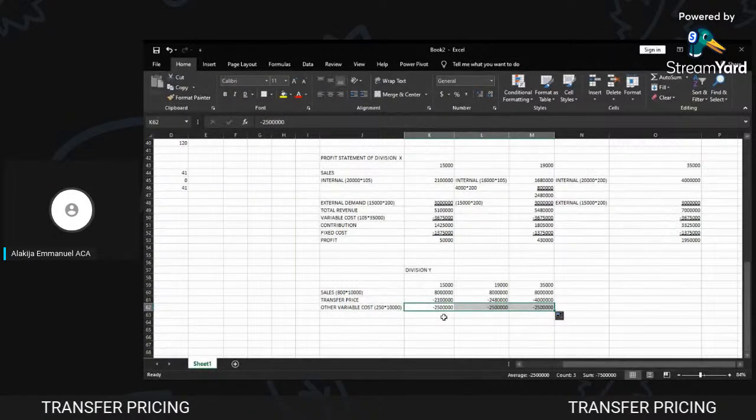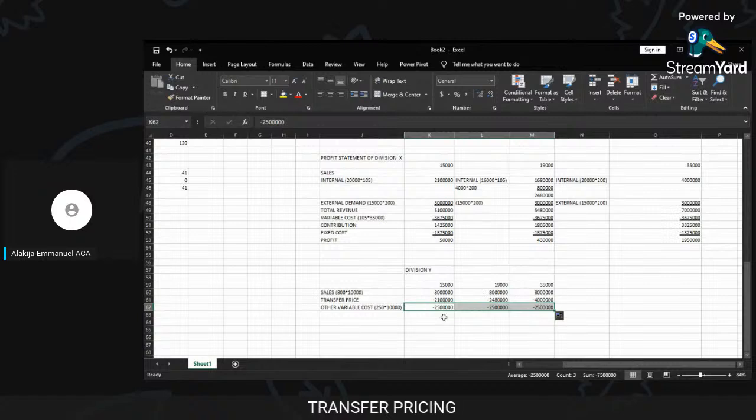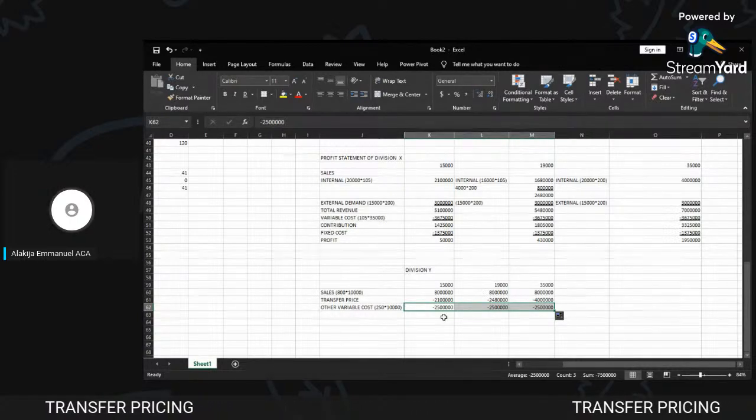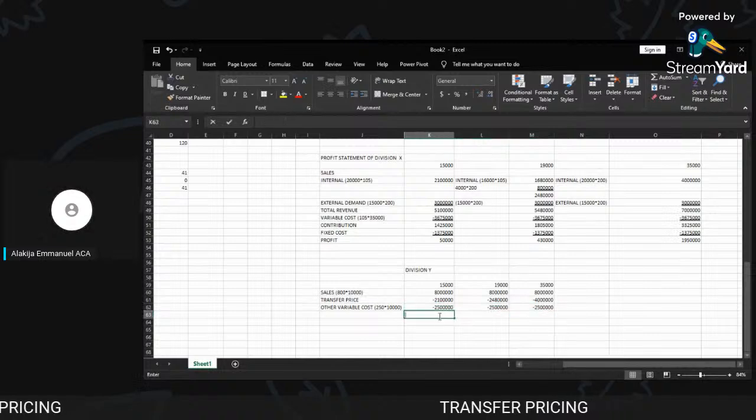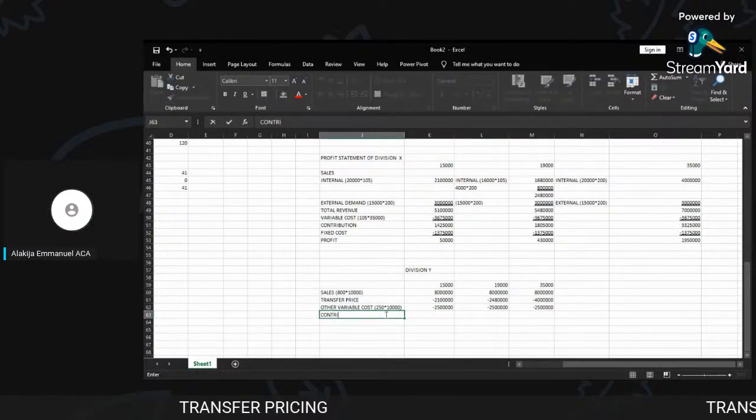Do we have any other cost? No other cost. So we can get the profit. We can get the contribution rather.